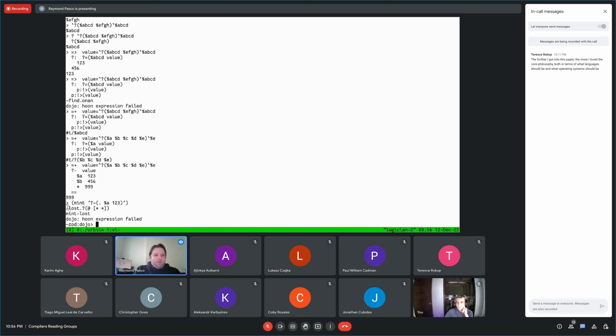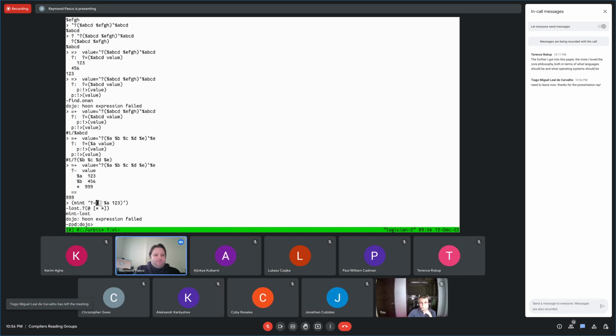So you see this mint lost error means that it wasn't that my patterns were not exhaustive over the entire space, because here, remember, I'm just compiling, and by default the compiler has a generic noun as the subject. And clearly a generic noun minus this one constant is not exhaustive over everything. So that's invalidly non-exhaustive, for example.